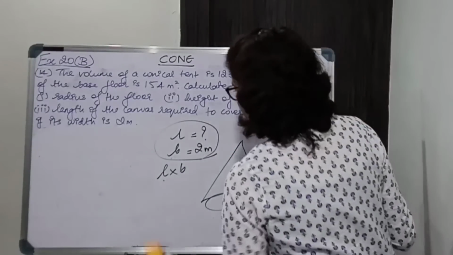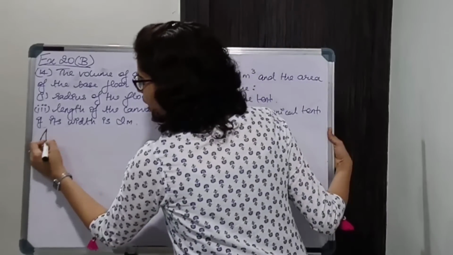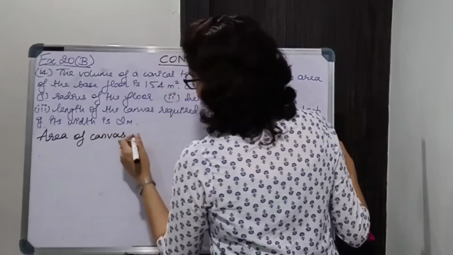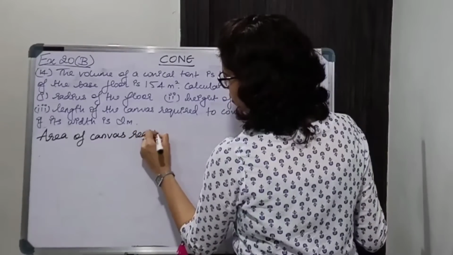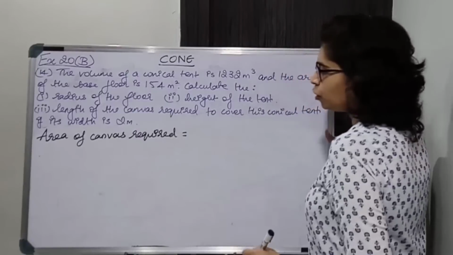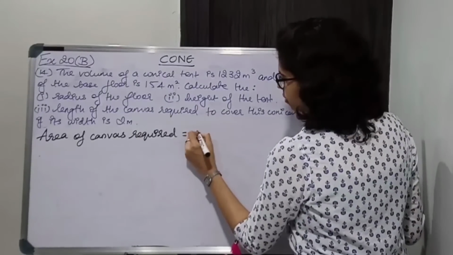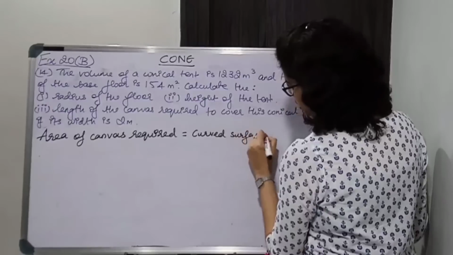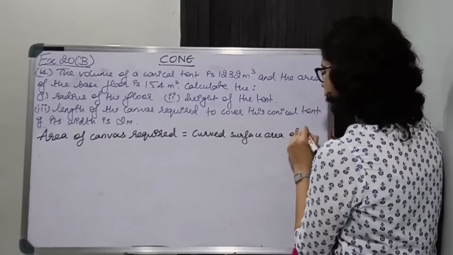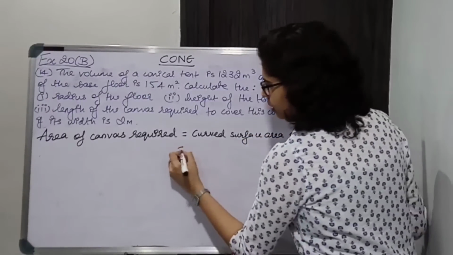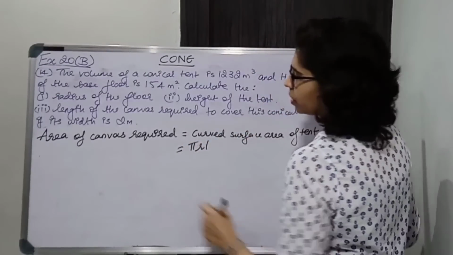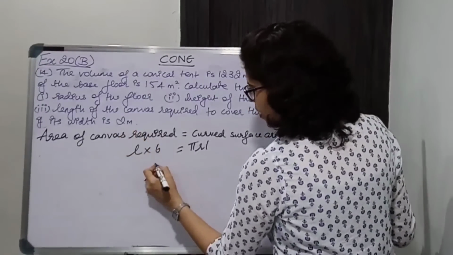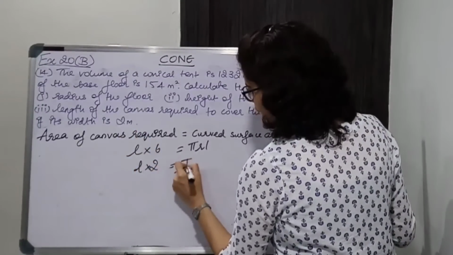So area of canvas required is equal to the curved surface area of the tent, that is pi RL. That is L into B is equal to pi RL. B is 2 meters, so L into 2 is equal to pi RL.